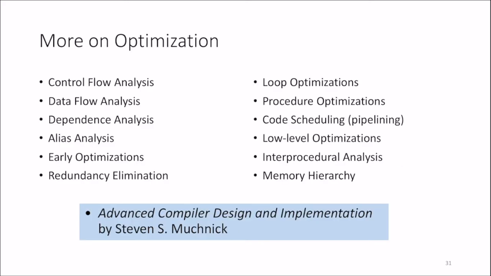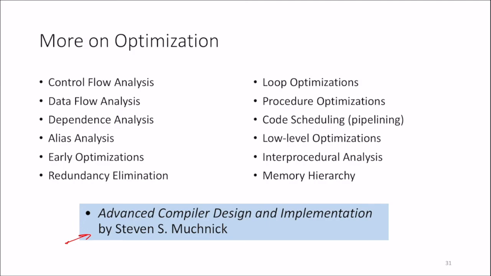There is an excellent book that gathers together a lot of the work, modern algorithms that are used for code optimization: the Muchnick book, which is kind of the Bible of advanced compiler design, mainly for code optimization.